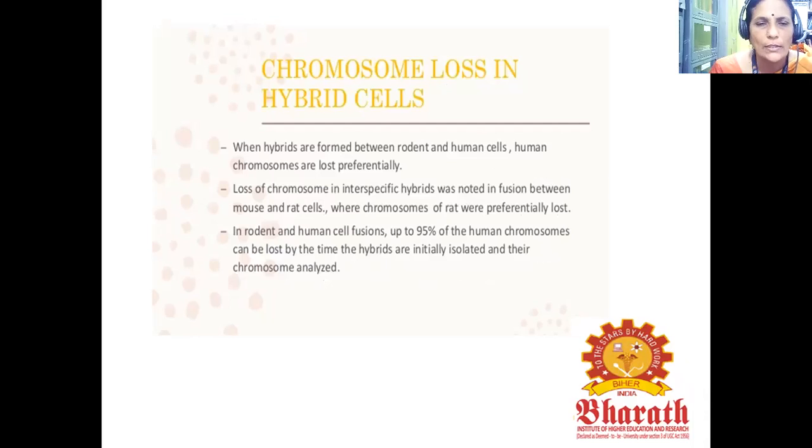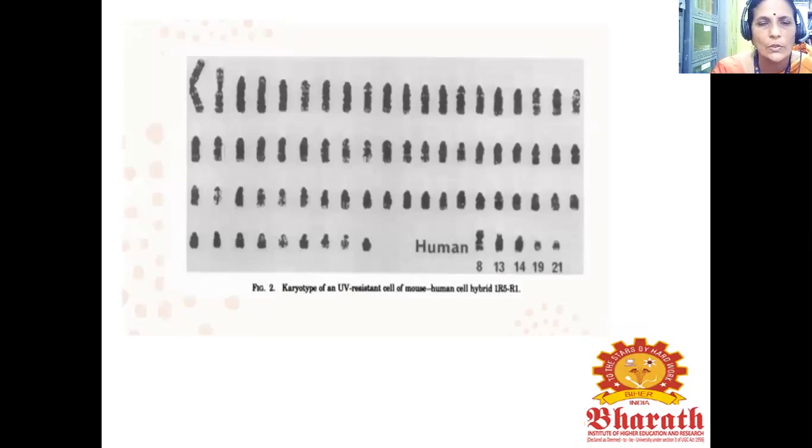In rodent-human cell fusion, up to 95% of the human chromosomes can be lost by the time the hybrids are initially isolated and their chromosomes analyzed. You see the karyotype of a UV-resistant cell of a mouse-human cell hybrid.